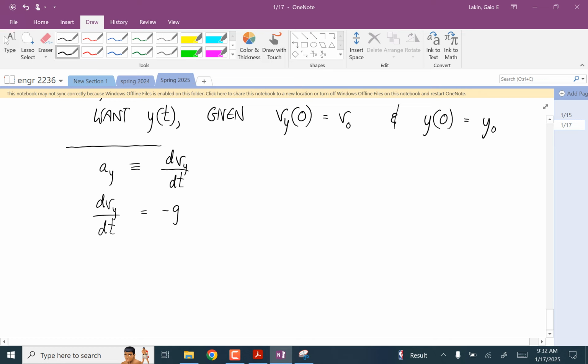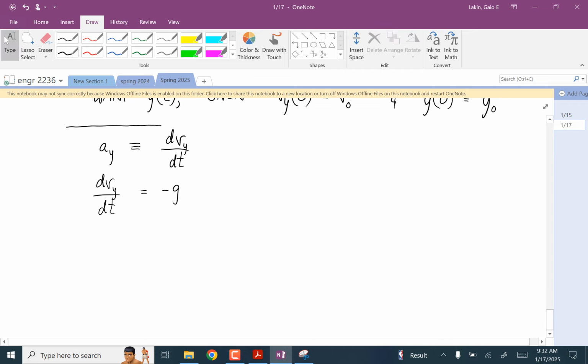Yeah, these are both pretty lame functions. You could think of the function of time is equal to negative g and the function of v is equal to 1, or vice versa. But either way, it's two functions multiplied together. So I can write this as dvy is equal to negative g dt.